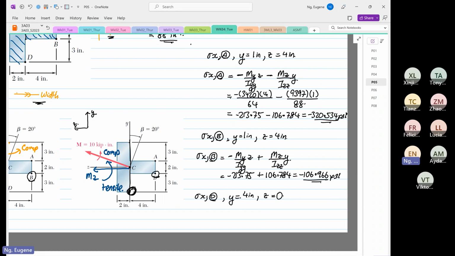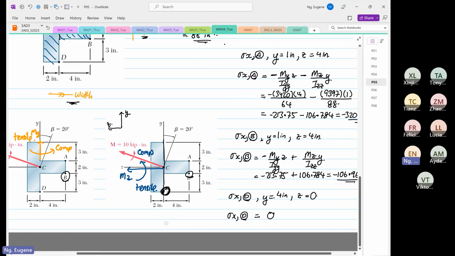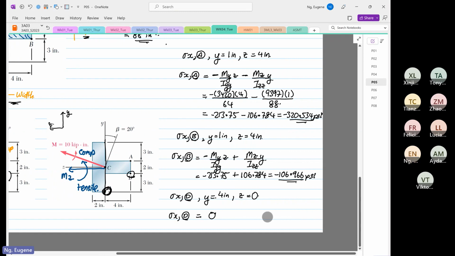So stress X at point D, we know My is equal to 0. And the moment about z is tension, so positive.